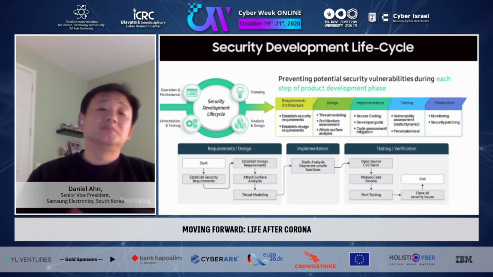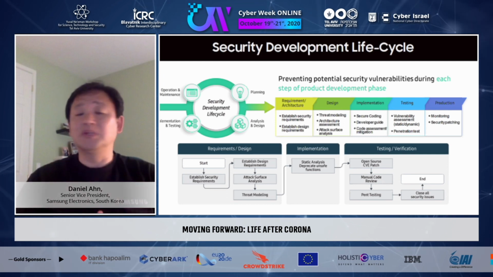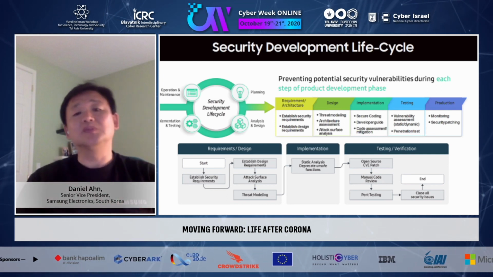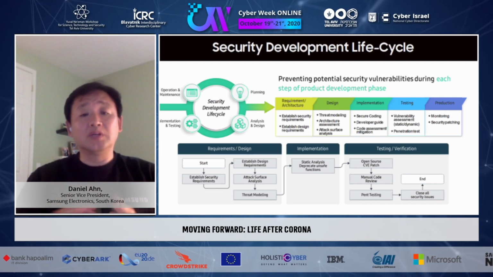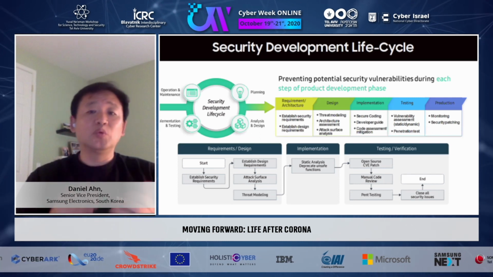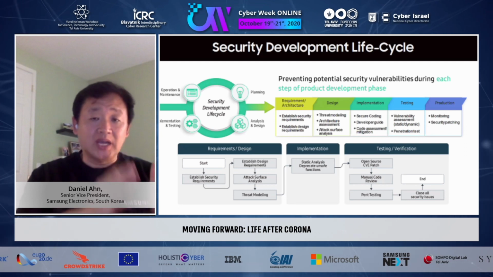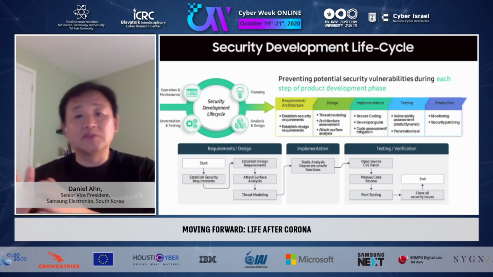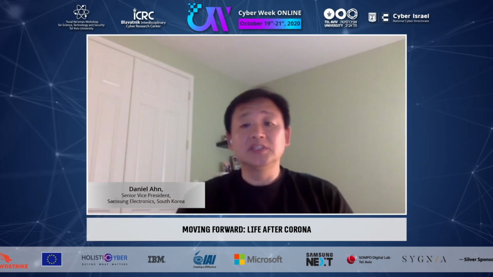For example, secure coding and design sounds very simple, but that's not that simple. In order to have secure design and coding in the development life cycle, we have to consider security and privacy requirements at all development phases, including the requirement elicitation phase, the design phase, implementation, and even testing.